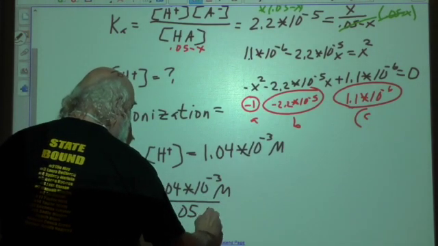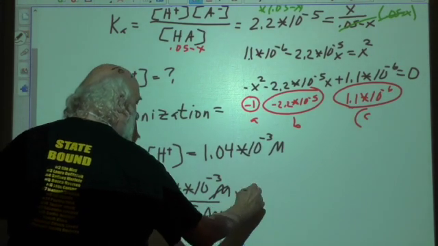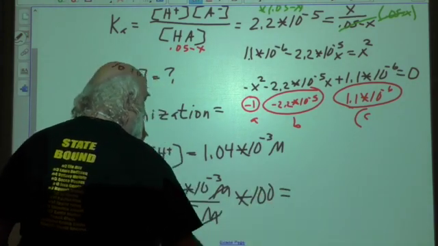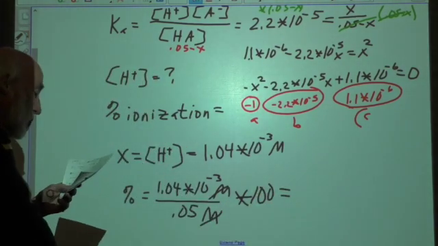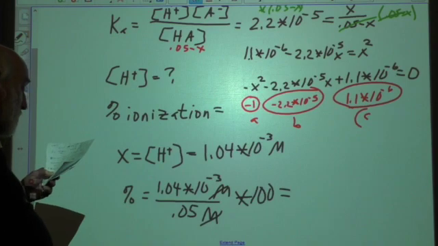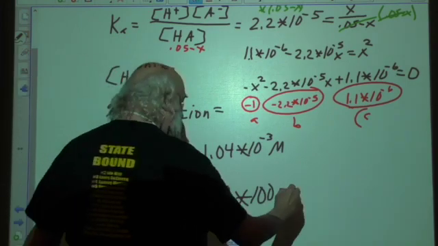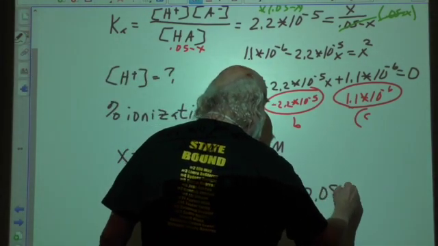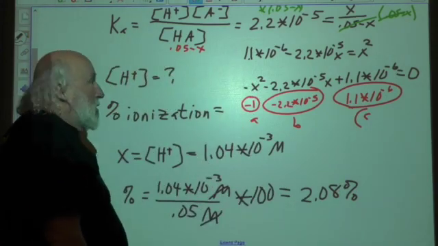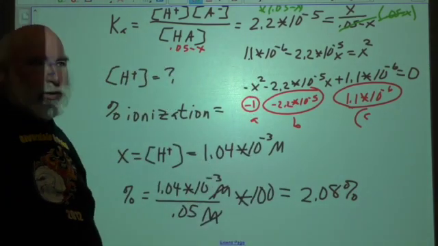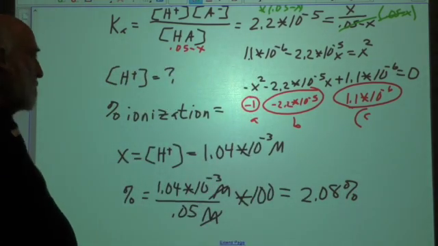That's molar, they cancel out, times 100. And that'll be your percentage, which turns out to be something like 2.08%. So about 2% of stuff breaks down. That's kind of high for a weak acid.